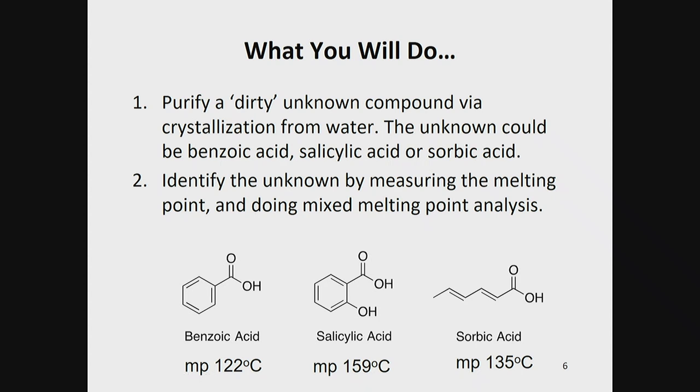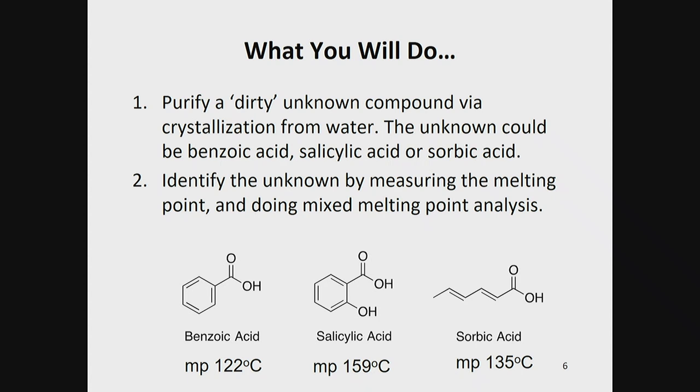I want you to think back to what I mentioned in the melting point lecture about structure, and how, depending on the intermolecular forces that exist inside the molecule, it's going to require more or less energy to get that material to melt, to convert from a solid to a liquid. So just on your own, look at the structures of these and understand why the melting point is higher for salicylic acid versus benzoic acid, for example.